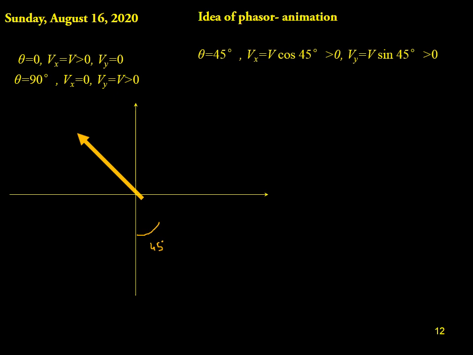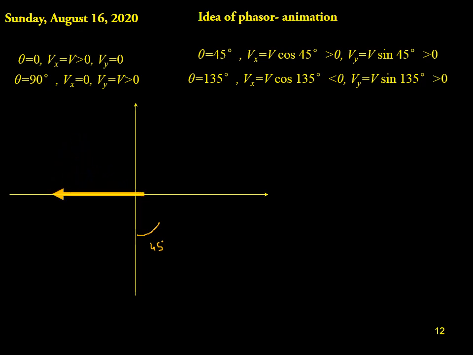In the second quadrant, theta is between 90 degree and 180 degree, so it is taken as 135 degree because these angles are at intervals of pi by 4 or 45 degree.